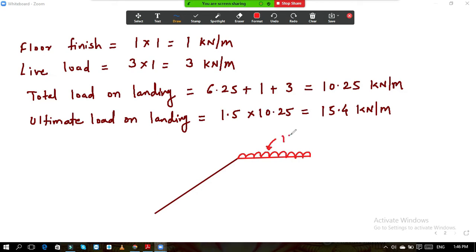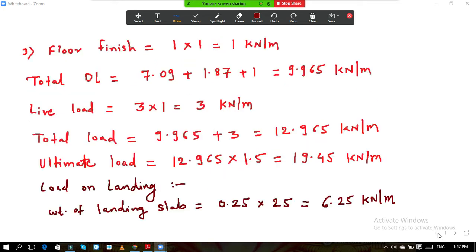We have estimated the load, it is 15.4 kilonewton per meter, and on this going length we have calculated the load. What was that load? We have previously calculated the total load, it is 19.45.